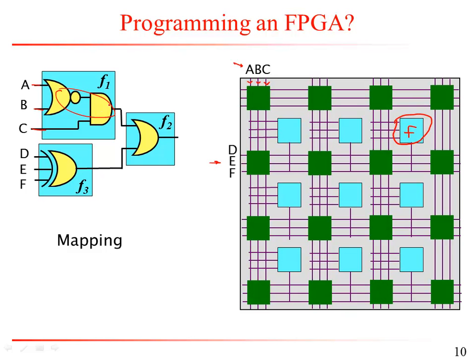And here I have done the mapping to F1, F2, and F3. Now, once I do that, then I have to decide the locations of these F1, F2, F3 to minimize the wire length from A, B, C, D, E, F to these functions to the output.